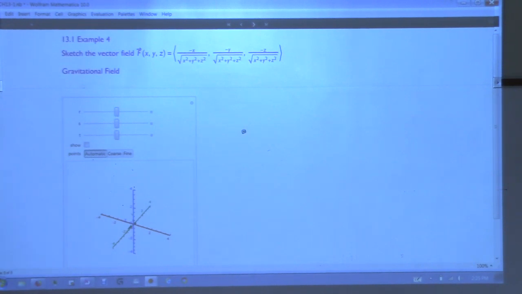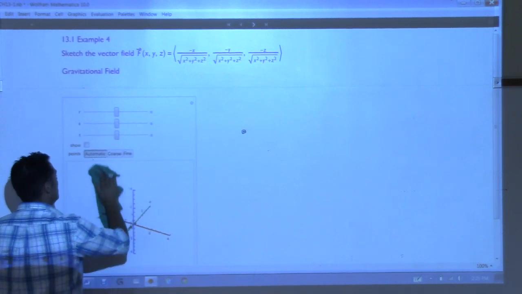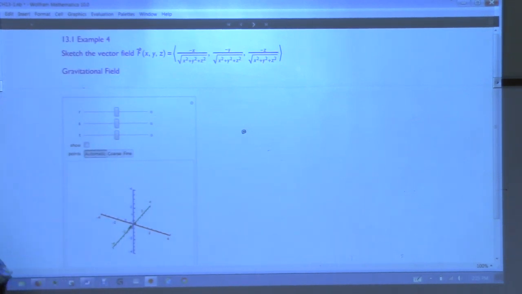All right, here's an interesting vector field. This one is actually useful. So can anyone tell the interesting characteristic of that vector field? What is the square root of x squared plus y squared plus z squared? That's rho.